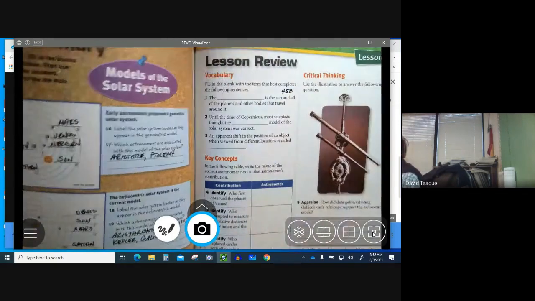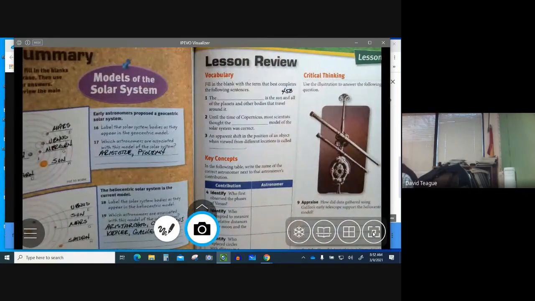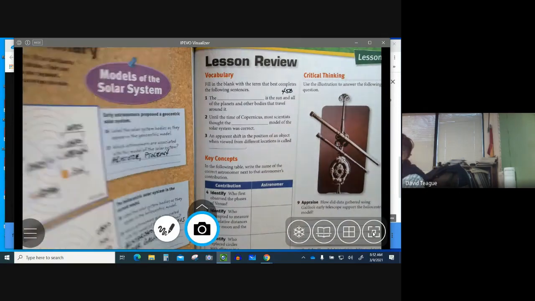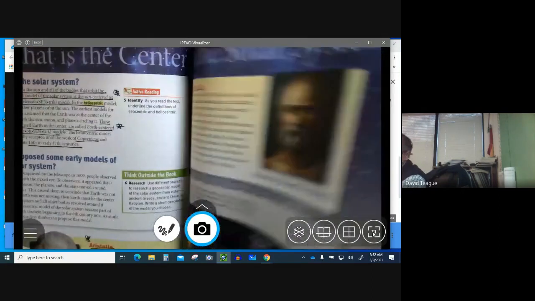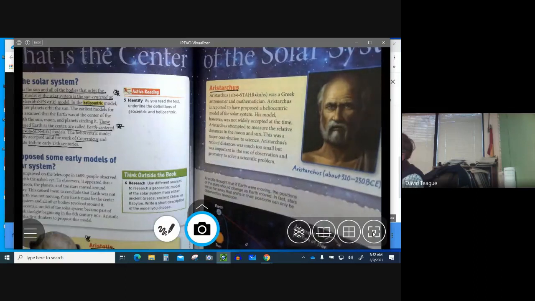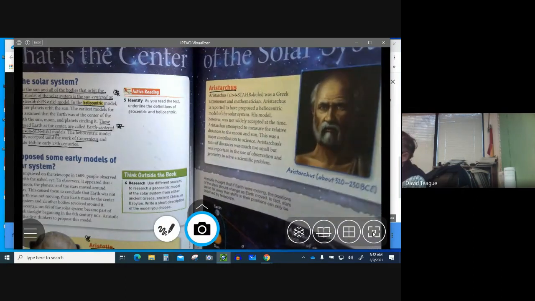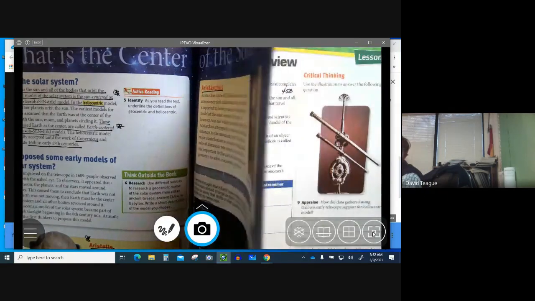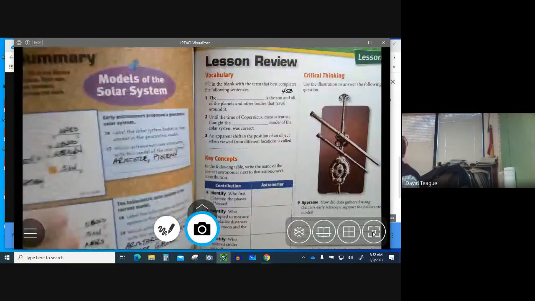Number 2, until the time of Copernicus, most scientists thought that the blank model of the solar system was correct. Let's see, what page would that be? That's going to be 458 also.